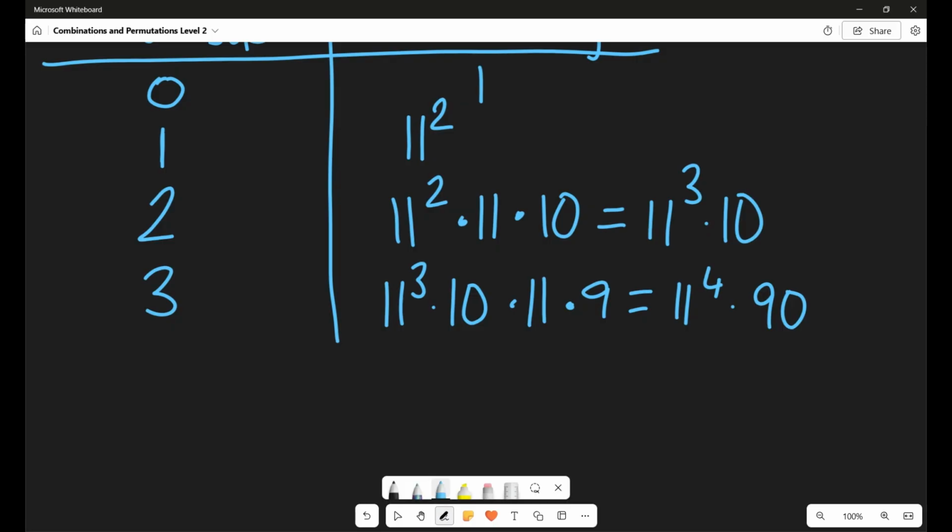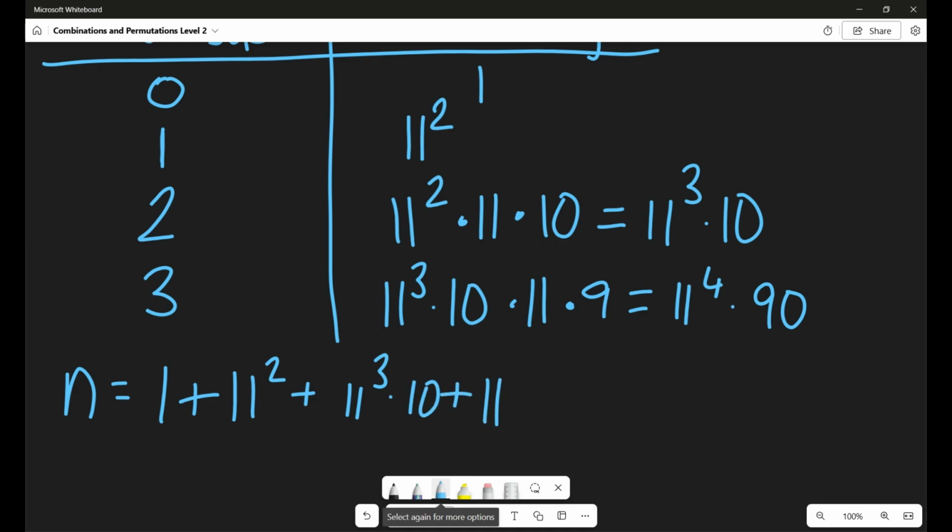Now we know that our value of n is just 1 plus 11 squared plus 11 cubed times 10, plus 11 to the 4th times 90.